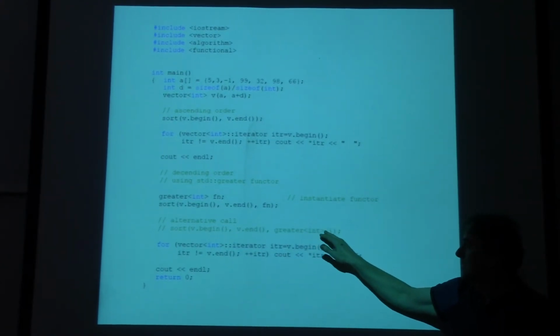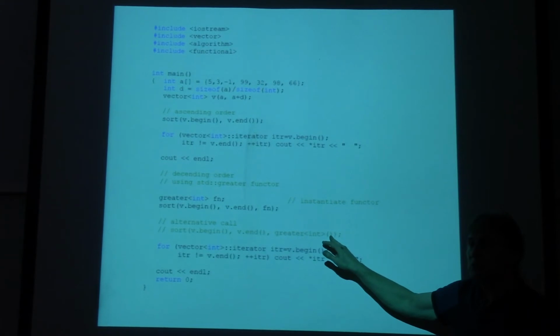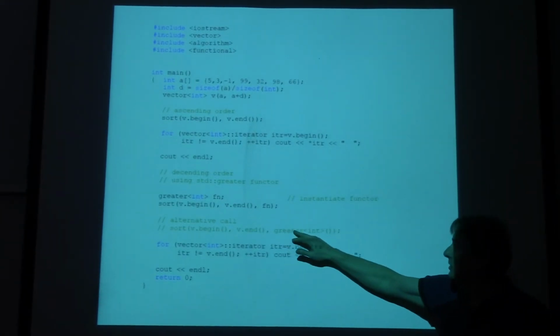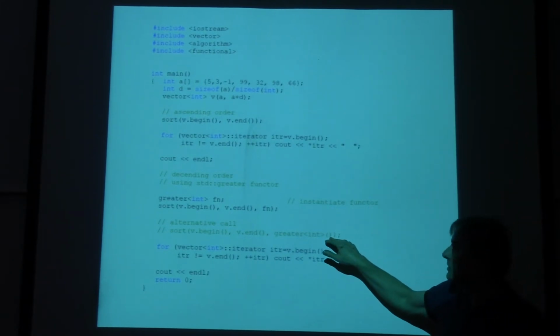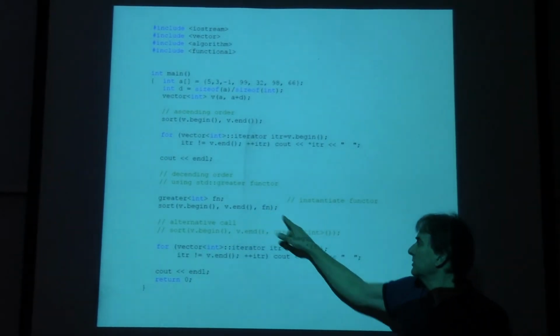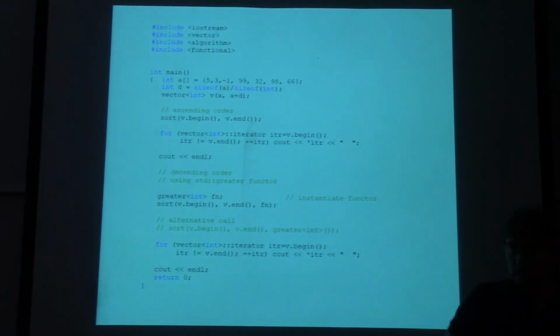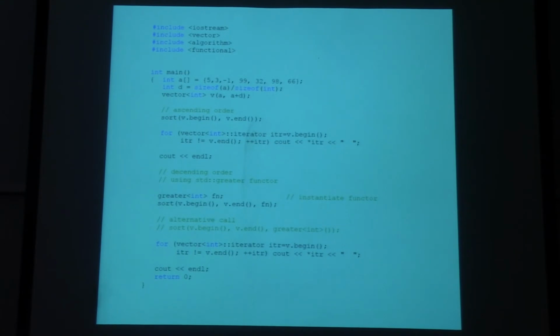This is a template type, and so here is a default constructor. So we're constructing a greater int comparator functor. Rather than here, where we're actually constructing it and passing in the object, here we're constructing it on the fly. They both work the same way.